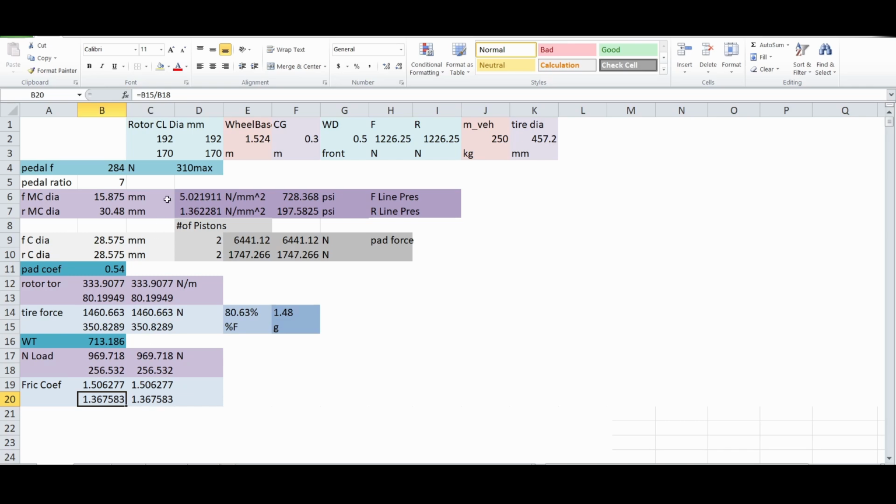It went down. And then we could adjust rotor centerline to either get that back up to 1.5, or we can use the same master cylinder diameter and just change the rotor size. And it could take some iterations till you find this. And here we see the front coefficient of friction is a little higher than the rear.